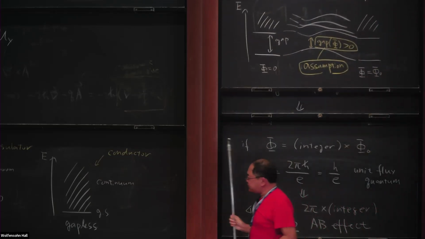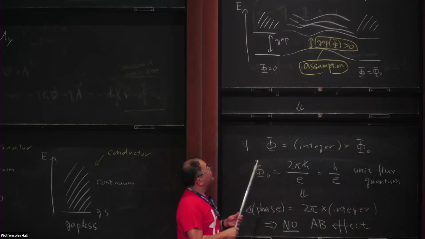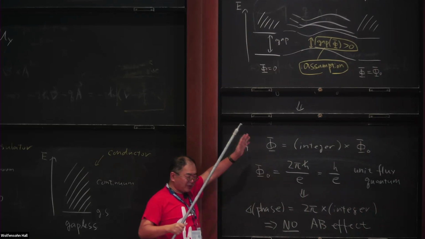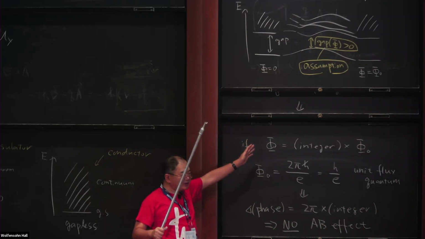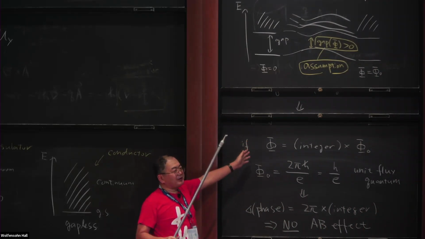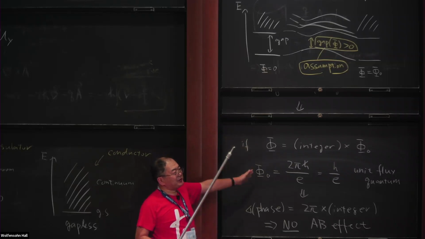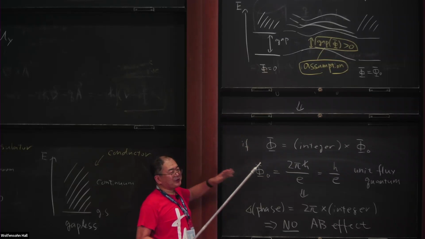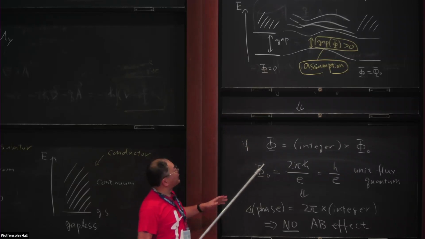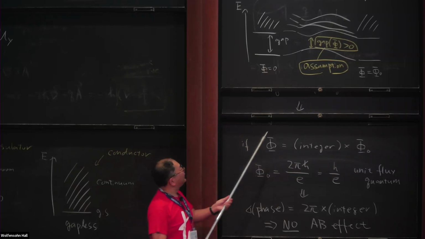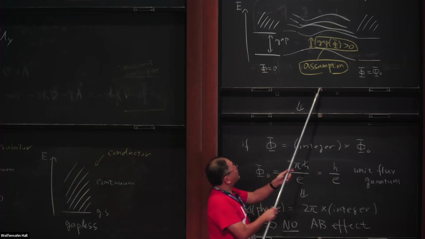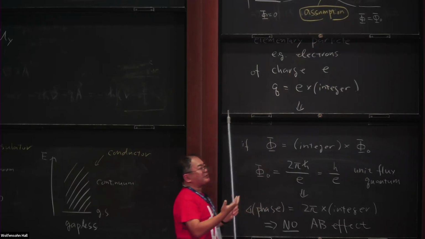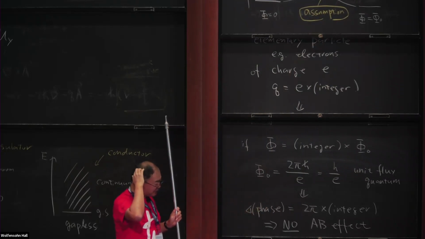So this is reasonable. Eventually, as I said, I'm interested in the thermodynamic limit. And in the thermodynamic limit, Lx goes to infinity, then the local value of the vector potential becomes small, of order 1 over Lx. So especially when the system has a gap, the ground state is kind of stable.